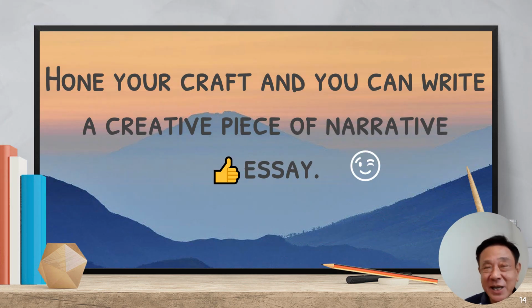So remember, know the skills, competencies and strategies of writing a good piece of narrative essay. And when you hone your craft, you can write a creative piece of narrative essay.